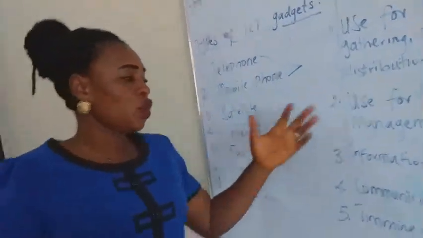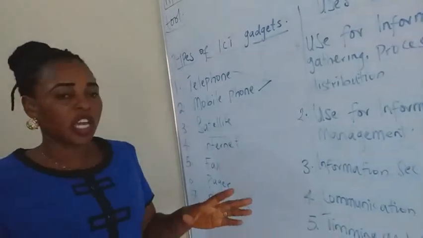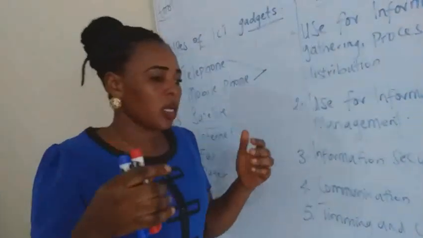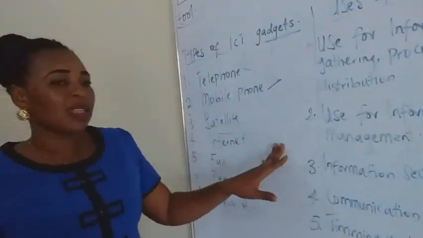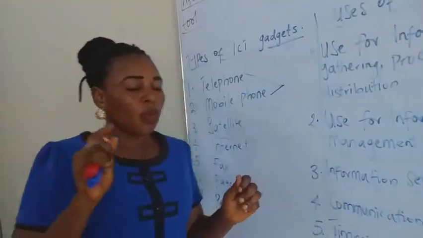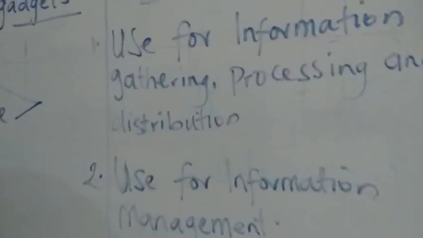Alright, now if you throw your minds back to our lessons in your first year in JSS2 when we were doing information transmission, we had the modern methods and the olden methods.